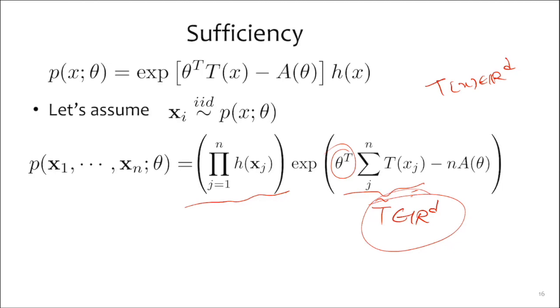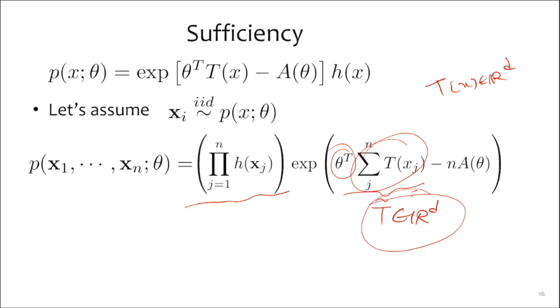This is not the case for distributions that are not from the exponential family. The size of the sufficient statistic may grow with the number of samples. And this is one of the beauties of the exponential families: it's always d-dimensional no matter how much data you get.